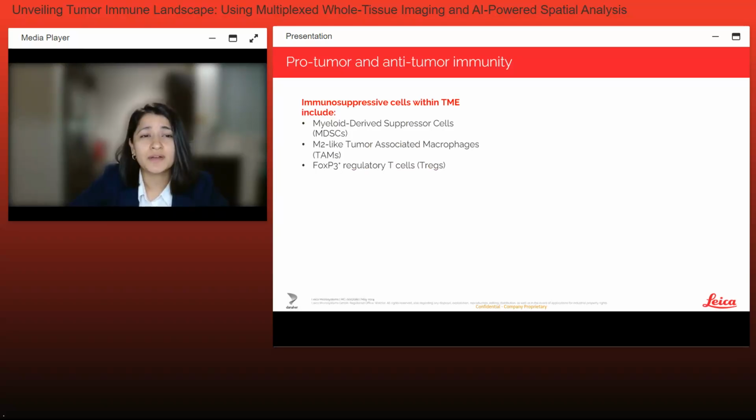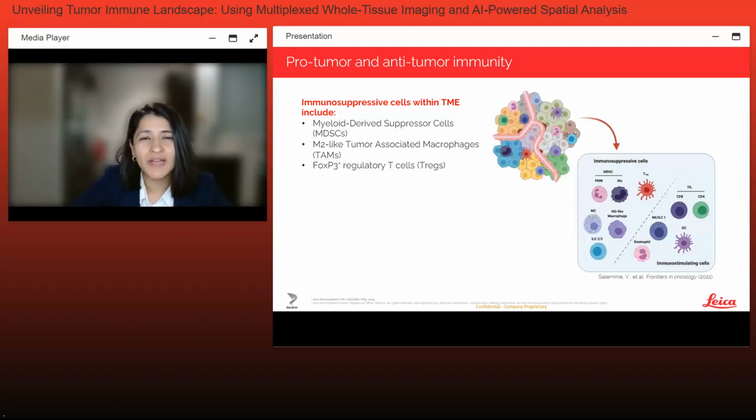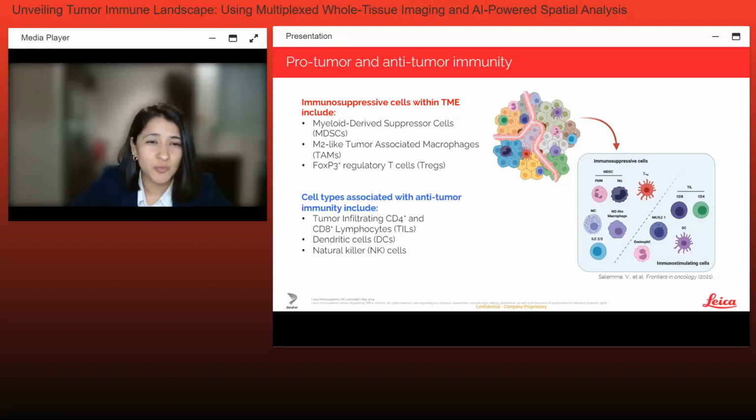There's not one, but a large variety of these immunosuppressive cell types, such as MDSCs, TAMs, Tregs, that you can see on the screen. And these do not exist in isolation, but in a very complex interplay with cell types associated with anti-tumor immunity, such as tumor infiltrating T cells of different kinds, dendritic cells, NK cells, to name a few.